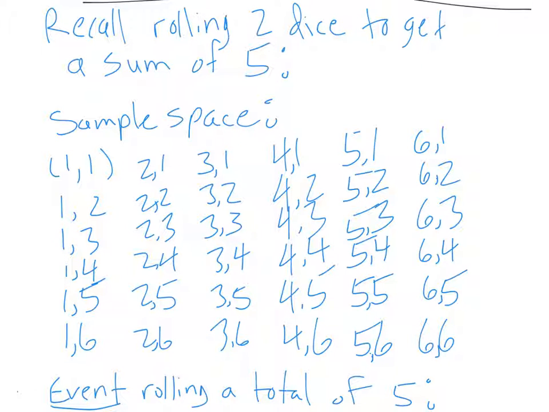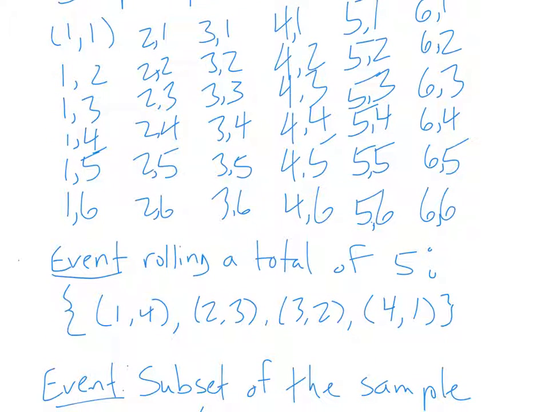And if we're looking for all the ways you can roll, so the experiment here is just rolling 2 dice and seeing what the sum is. This is the sample space. And if we're looking just at getting a sum of 5, those are the values here, 1 and 4, 2 and 3, 3 and 2, and 4 and 1. And we actually say that those would be the events.